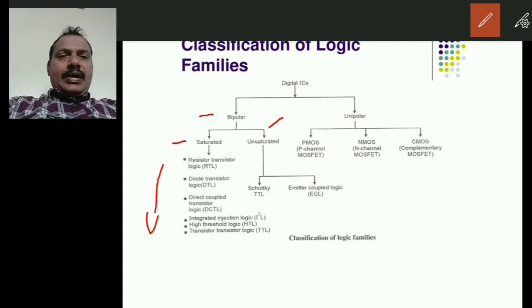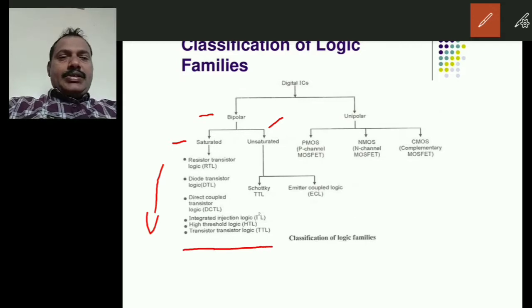Next, here we have resistor transistor logic RTL and diode transistor logic DTL, direct coupled transistor logic DCTL, integrated injection logic I2L, high threshold logic HTL, and transistor transistor logic TTL.